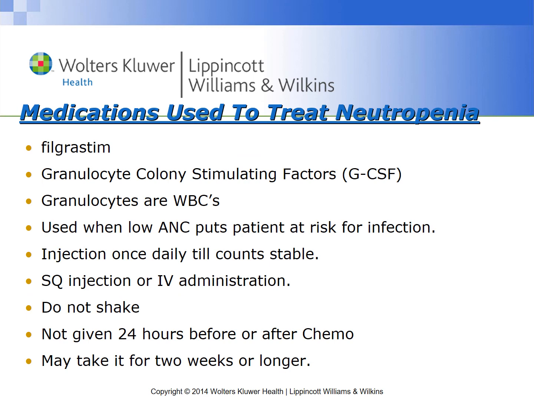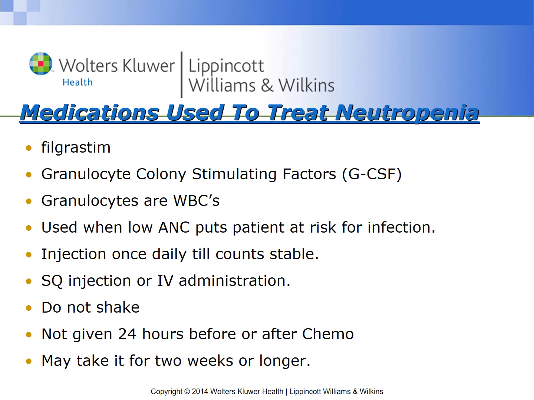Okay, medications to treat neutropenia. This one is our granulocyte colony stimulating factor, CSF. And so again, granulocytes, we're talking about your white blood cells, we're talking about our neutrophils here, okay?